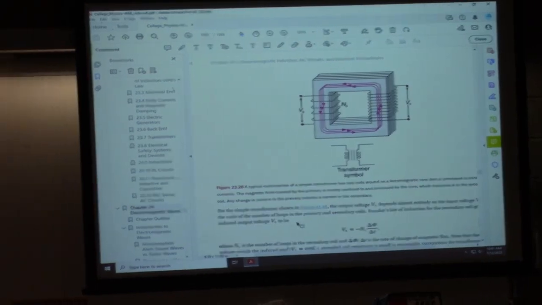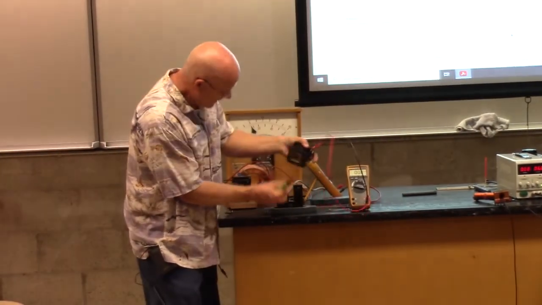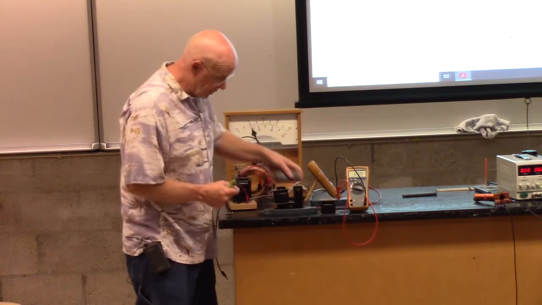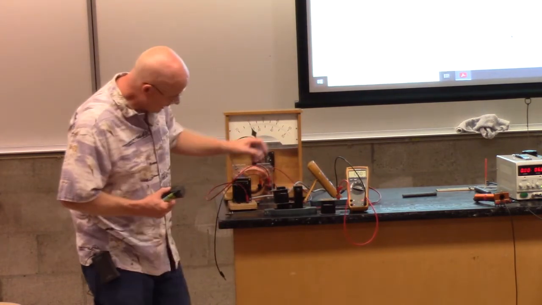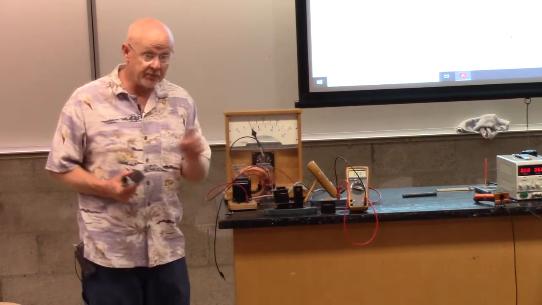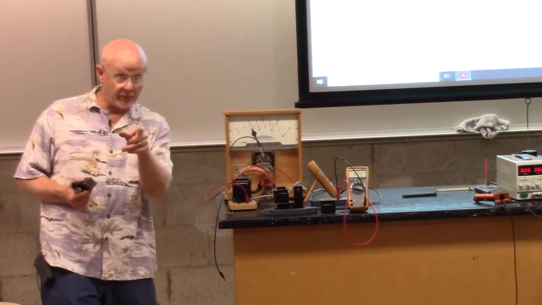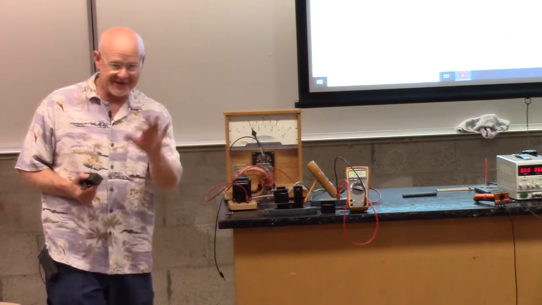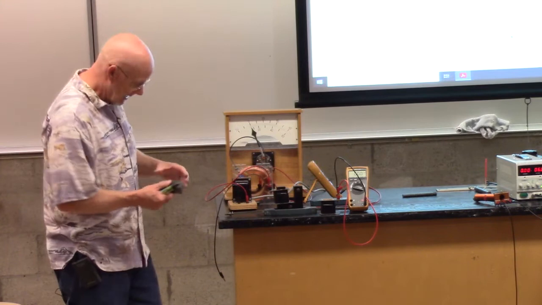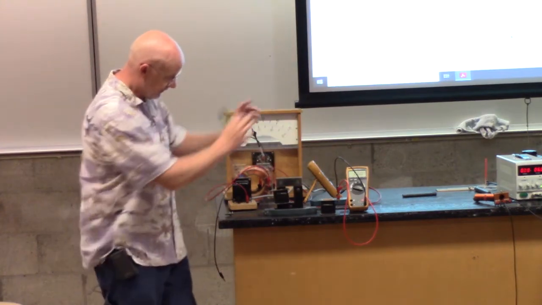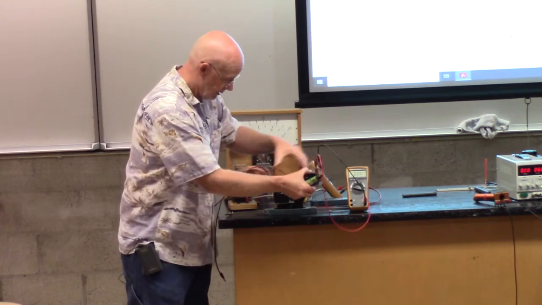And so in my setup, you can kind of see it here, this is my secondary. And so what I'm going to do is once I hook it up and have current going through here, and remember it's plugged into the wall, so like we said before the break, this is AC. So it goes one way then the other way. So there's a constantly changing of the flux. And then I'm going to direct that flux with these metal bars into this secondary.